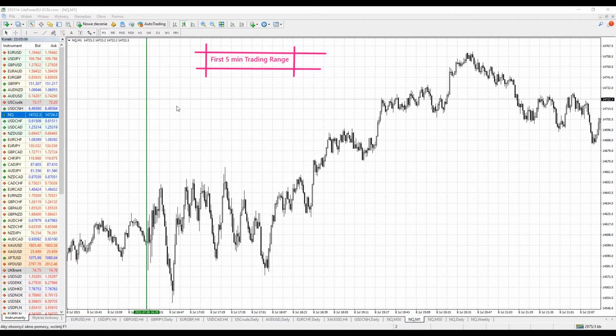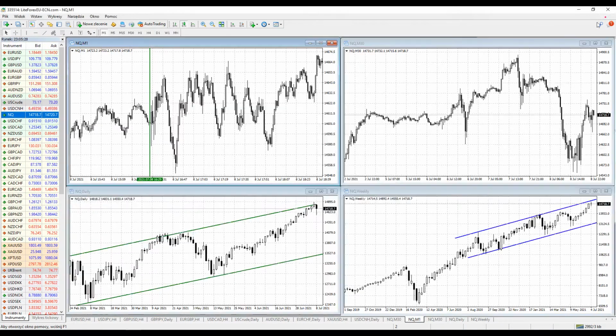So doing some kind of research, I found out that the 5-minute trading range is suitable, at least for myself. In that case, of course, we have to monitor the 1-minute chart from the execution perspective. But what is important for myself, of course, are higher time frames, because based on the 1-minute chart, I'm going to do my execution.